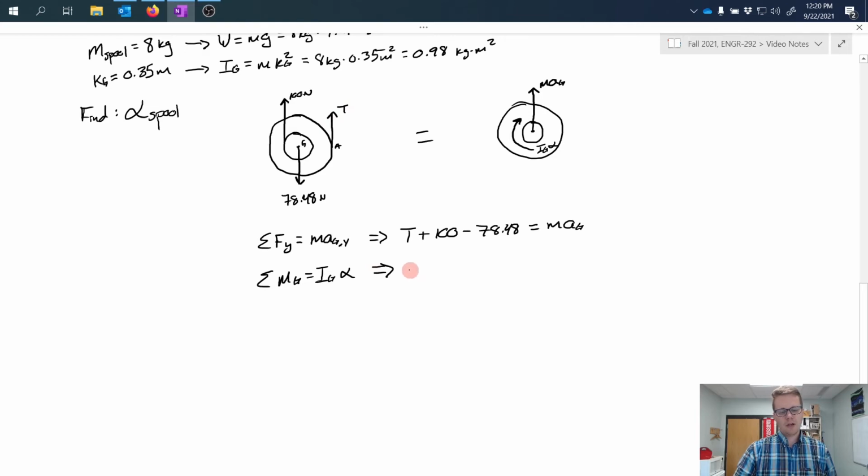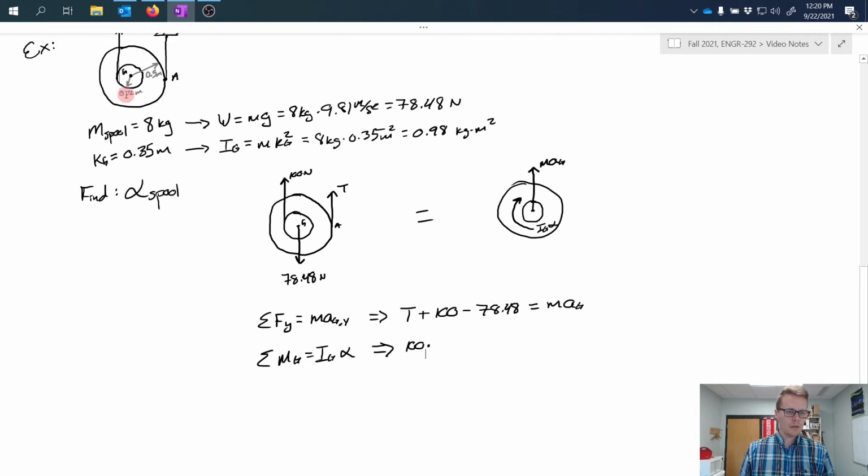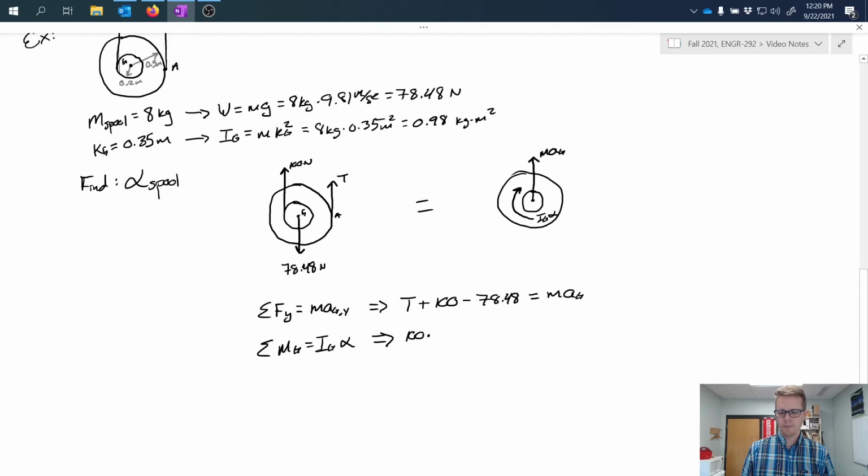So if I go ahead and write these in, then I'm going to have a contribution from the 100 Newton force at a distance of 0.2, which was given as the radius of that inner circle.